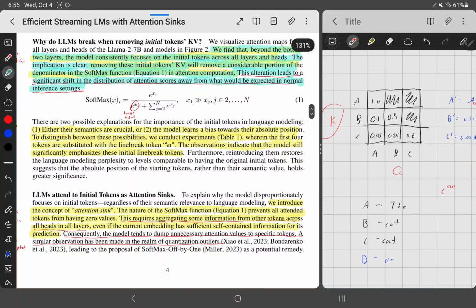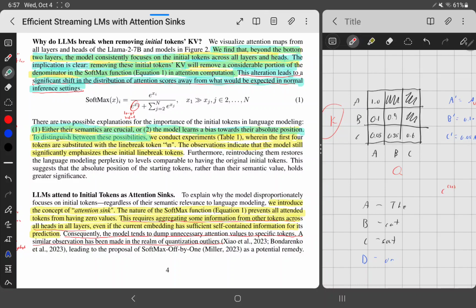And they say there are two possible explanations for the importance of these initial tokens. One, either the semantics are crucial, so the first tokens are very important for some reason. Who knows? Maybe you trained on some weird data set and the first tokens happen to be very important. However, a more likely explanation is the model learns a bias towards the absolute position.